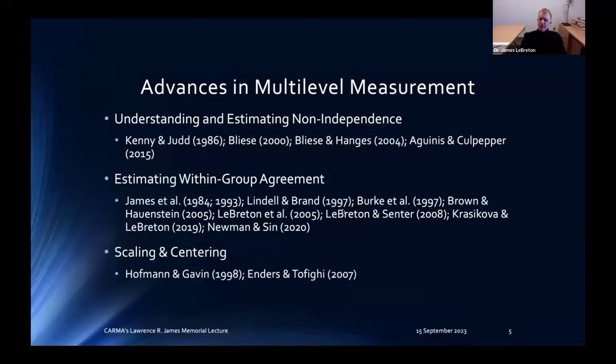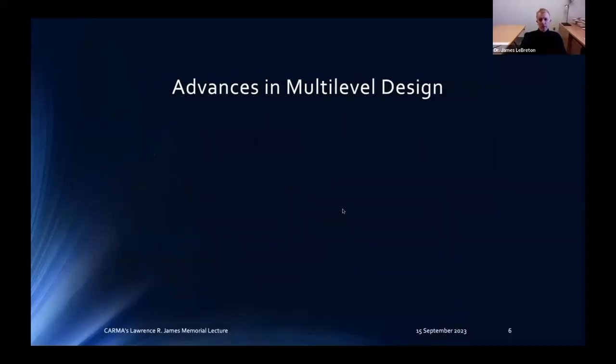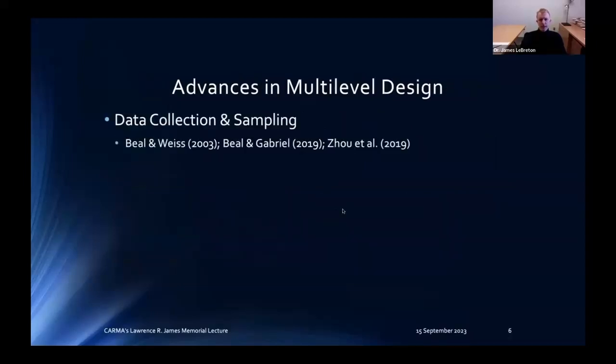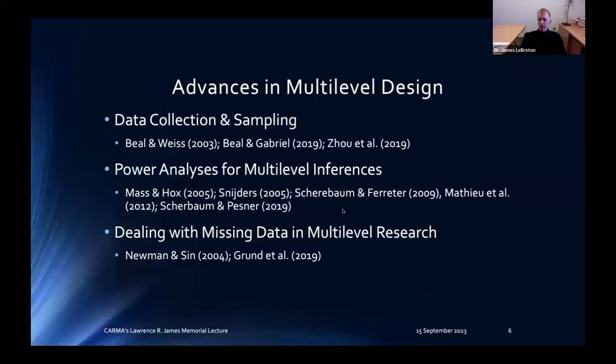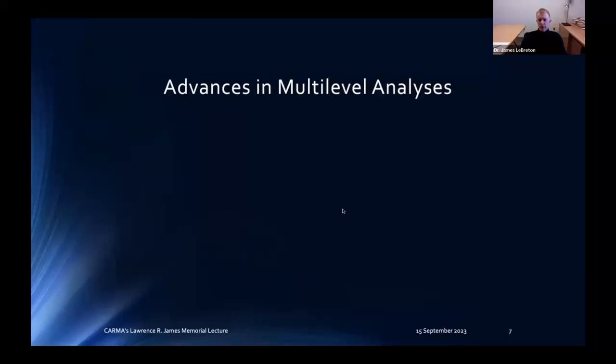We have a much better understanding about how to conduct analyses and draw inferences that are accurate, based in part on how we scale our variables, whether we center the variables, whether we group center or grand mean center. From a design perspective, huge improvements in our understanding of data collection, power analysis, and dealing with missing data.